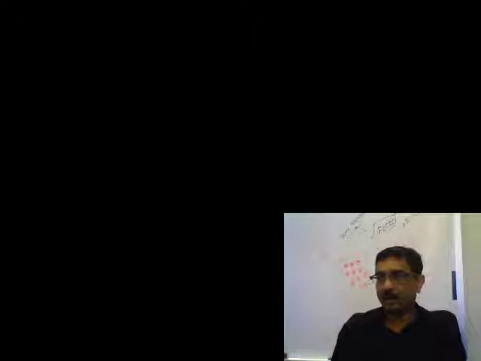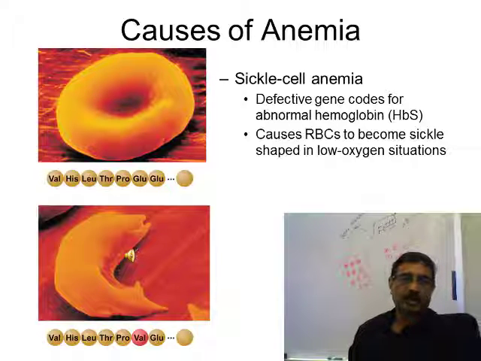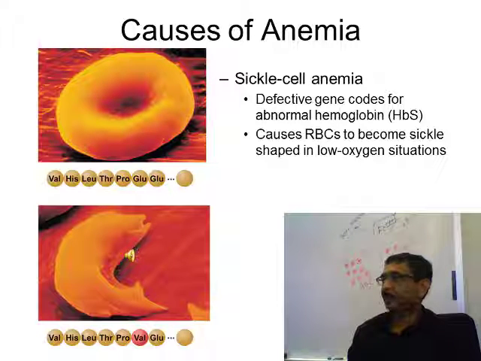And another condition of abnormal hemoglobin is sickle cell anemia. In this case, the hemoglobin will become hard. Normal hemoglobin is soft. This hemoglobin will become hard like crystal, and sharp like a sickle.